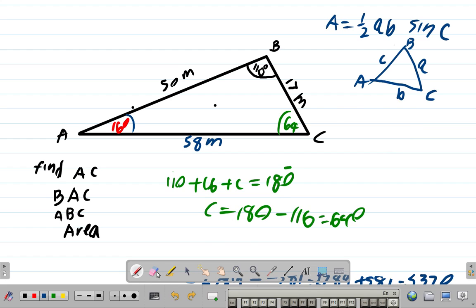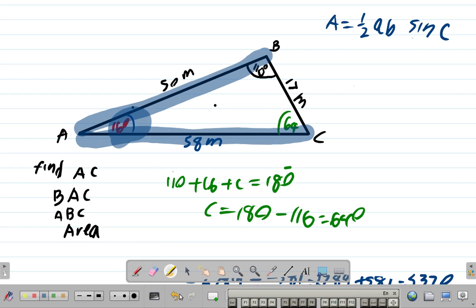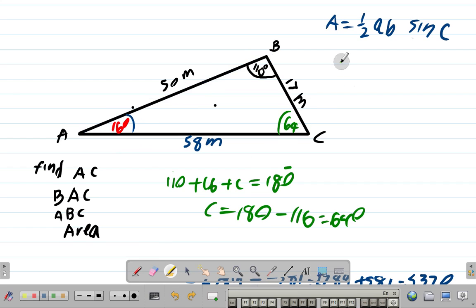So let's work with this and see what we get when we apply it to this triangle. Here we could say it is half this side times this side times the sine of the angle between them. The area here is half times 50 times 58 times sine 16.